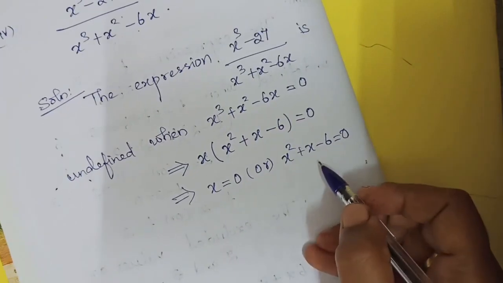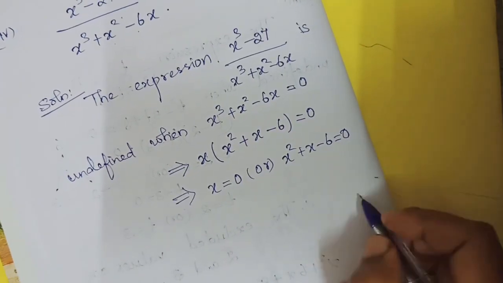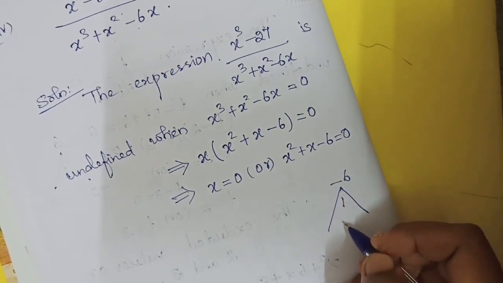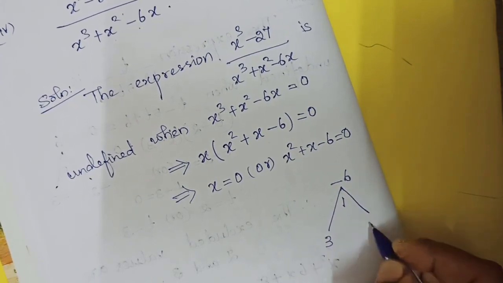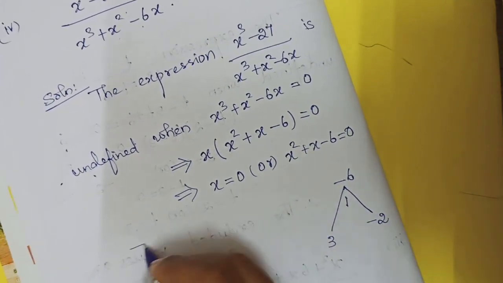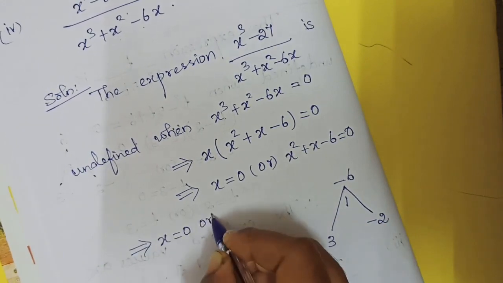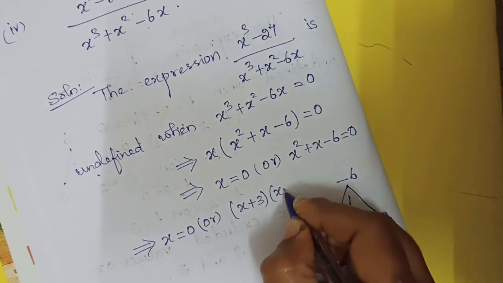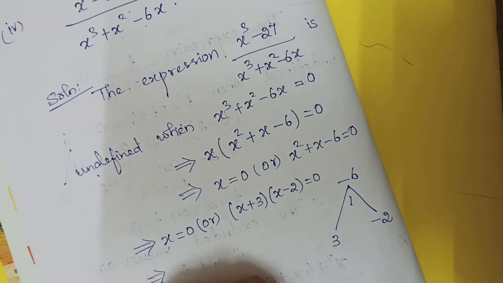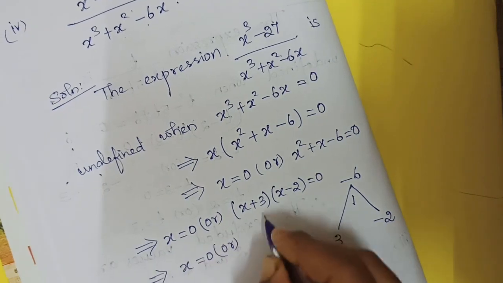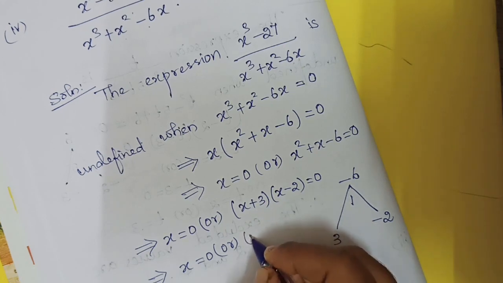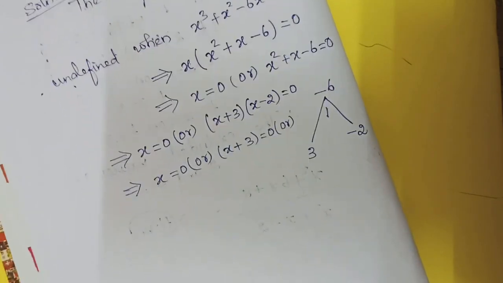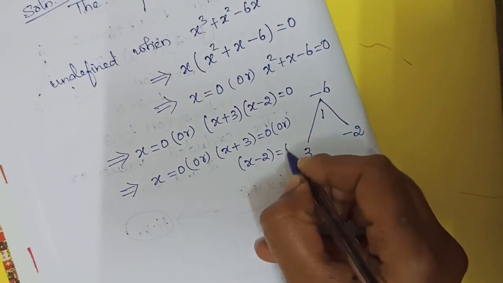Since it is a quadratic polynomial, we need to factorize this. Shall we do that? So minus 6 and 1. What are the possibilities? 3 and minus 2. Correct. So x equal to 0, or here two brackets will come: x plus 3 into x minus 2 equal to 0. So this implies x equal to 0, or here also two values will come: x plus 3 equal to 0 or x minus 2 equal to 0.